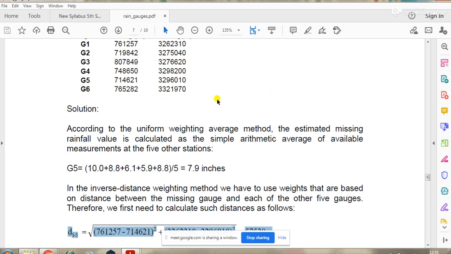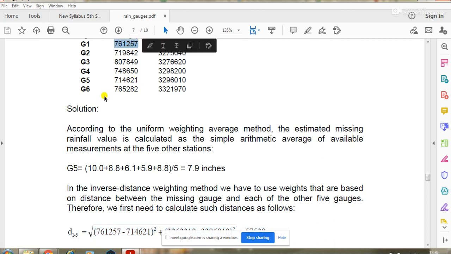Simple, like the latitude and longitude that you have already understood in survey. So the distance between 1 and 5 uses the easting values: 761257 minus 714,621, the first station's easting minus the fifth station's easting.